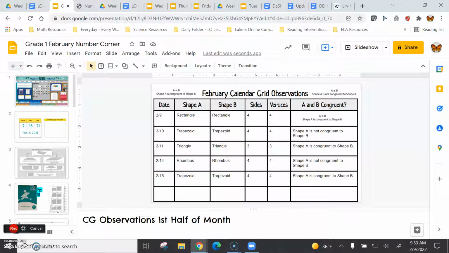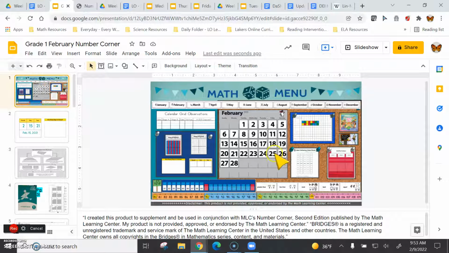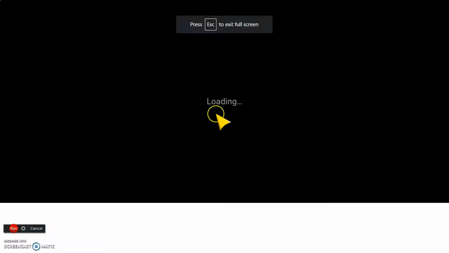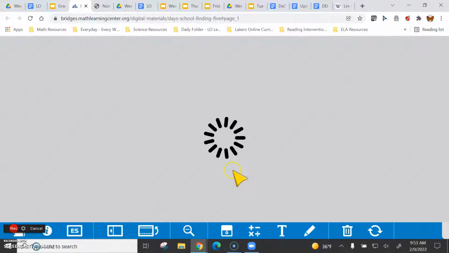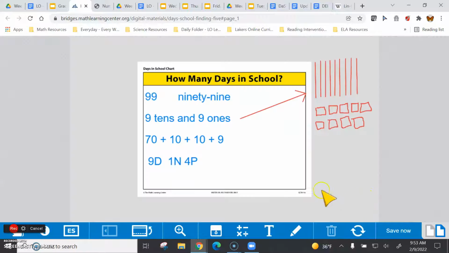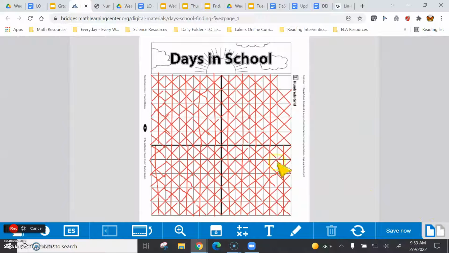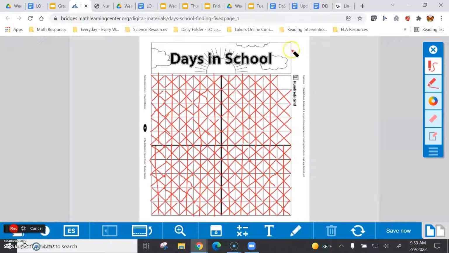If we continue, we are going to see on our number corner area that we are going to add the 100th day to our information. 100, here it comes. 100 days in school. Yes.